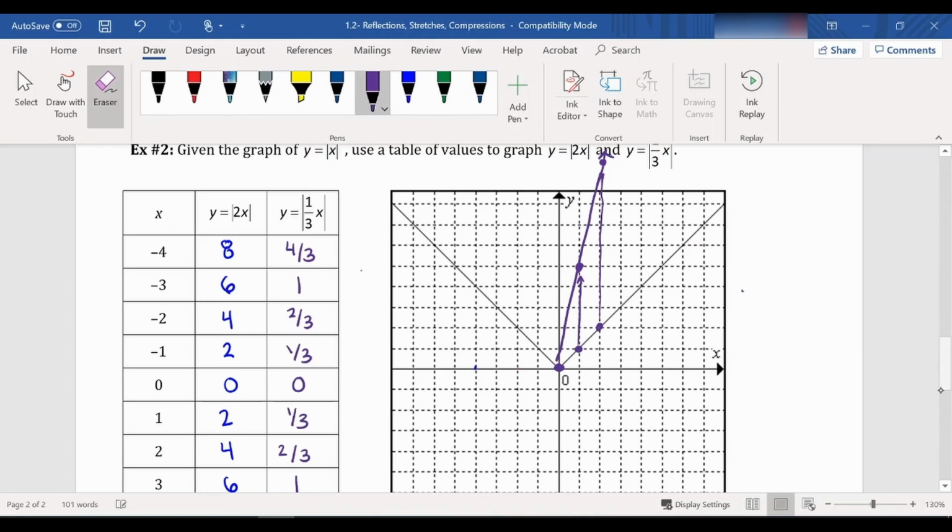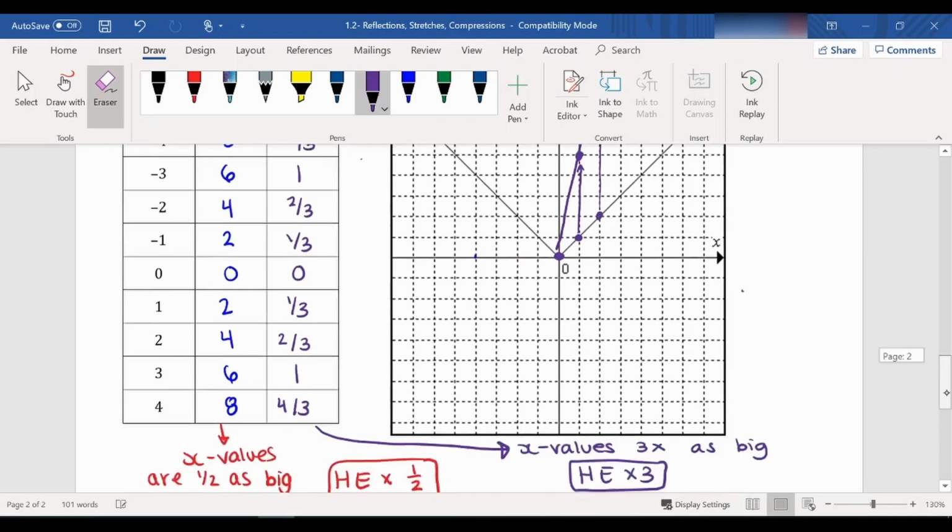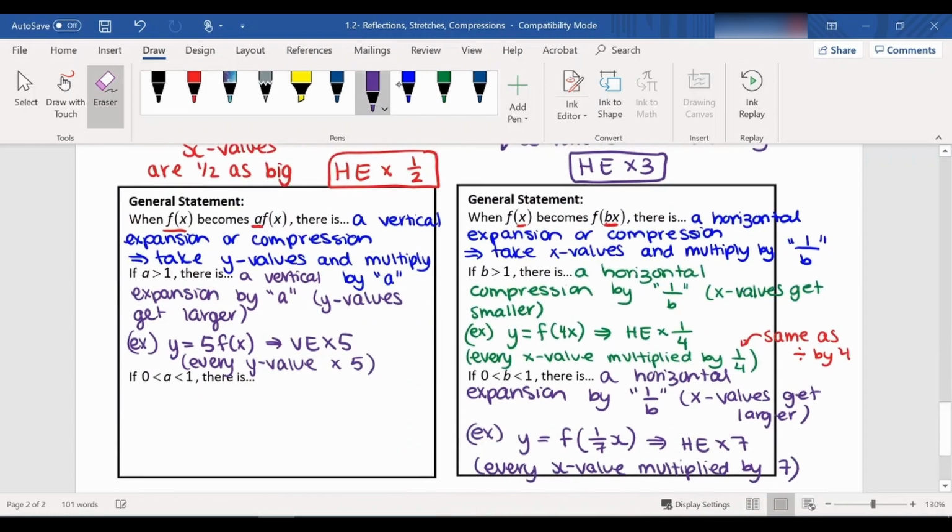So the key here is that if I'm doing a vertical expansion, my x value stays in the same spot. My point just stretches up higher than it was before. My y value gets bigger. Okay. The last one, if a is a fraction, okay, this is going to be a vertical compression by a.